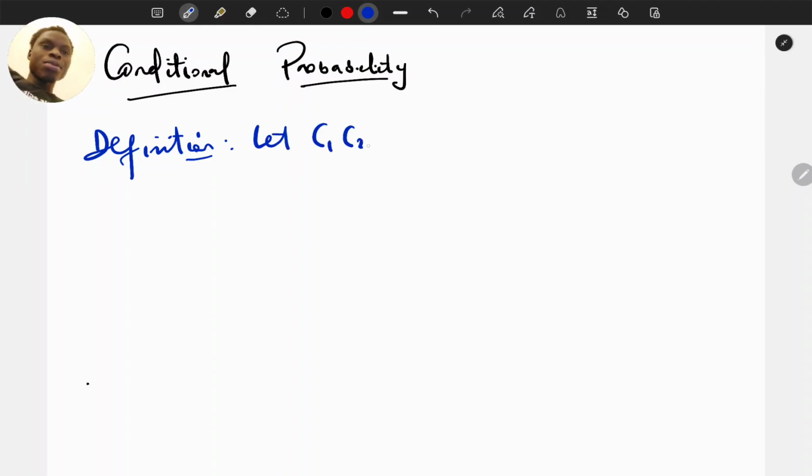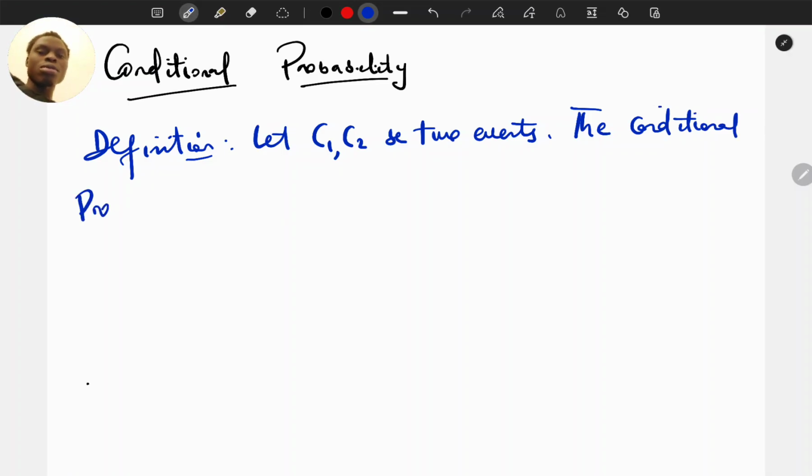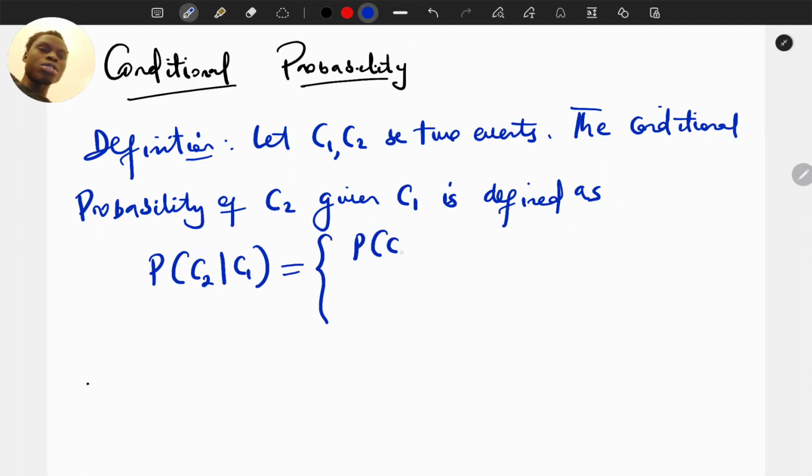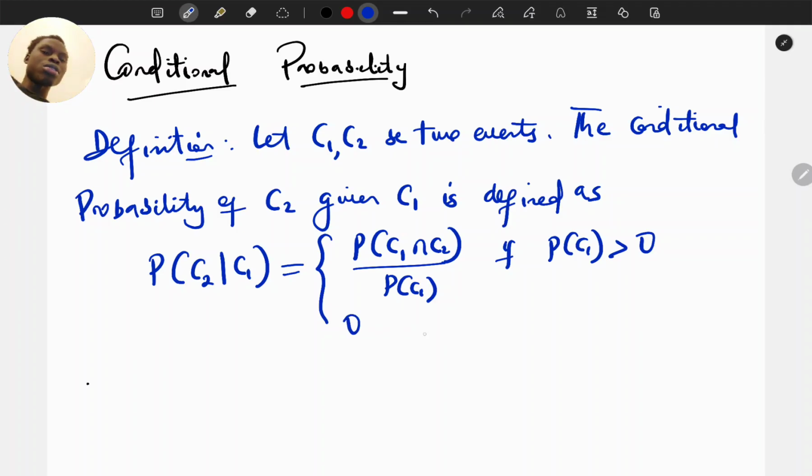Let C1 and C2 be two events, and the conditional probability of C2 given C1 is defined as the probability of C1 intersection C2 over the probability of C1 if P of C1 is greater than 0, and 0 otherwise.